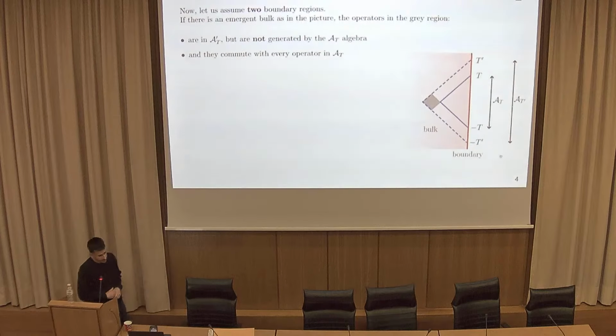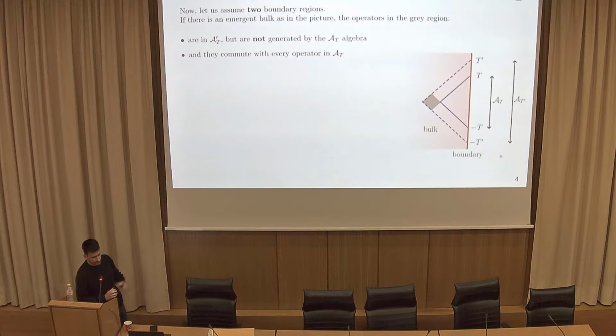So now, let's assume that we have two boundary regions, one from minus t to t, and a bigger one from minus t prime to t prime. And we can play the same game. We can draw the causal wedges, the two blue triangles, for the two corresponding regions.